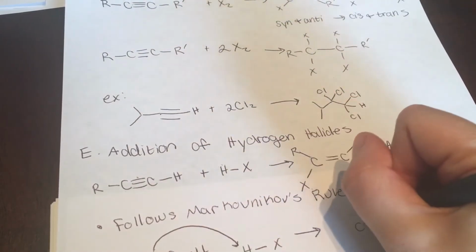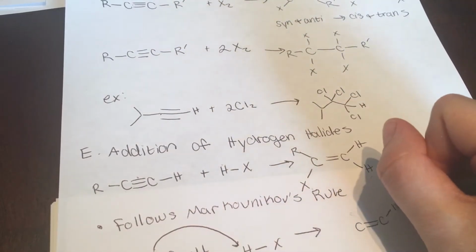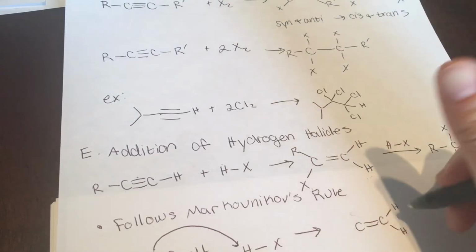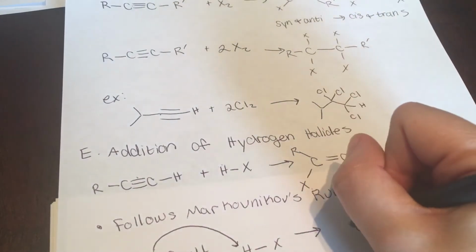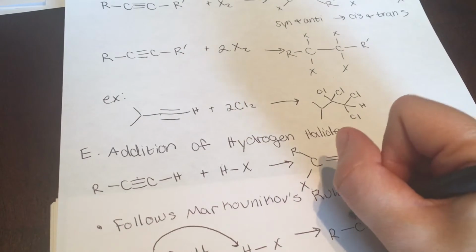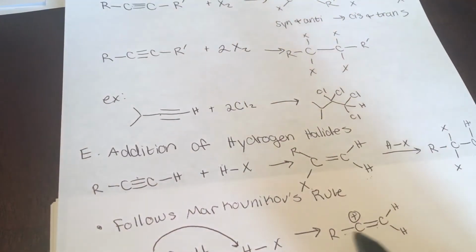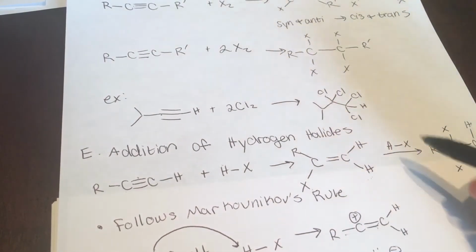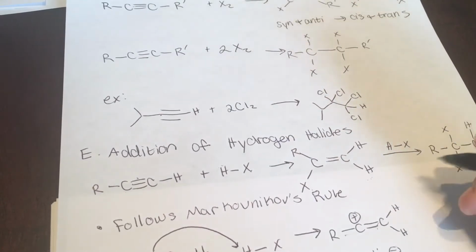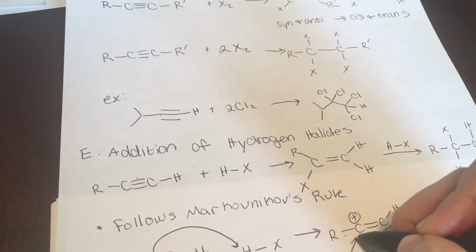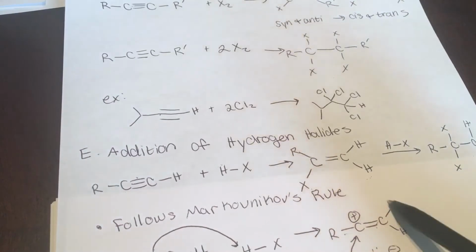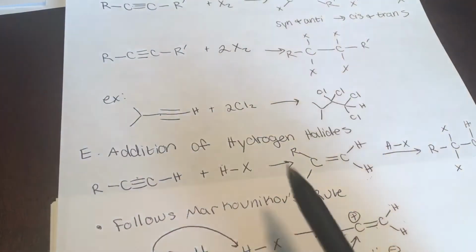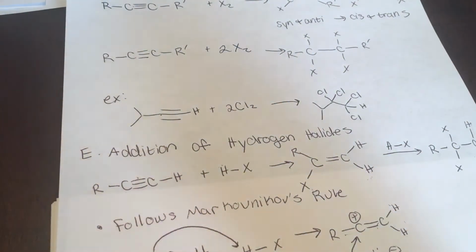That forms a carbocation on our more substituted carbon, because the hydrogen gets added to the least substituted. And again, this is still linear. The leaving group that left, when it comes back to attack, can attack any which way. So this is both syn and anti-addition again. No matter which hydrogen gets added, it's going to do both syn and anti-addition.